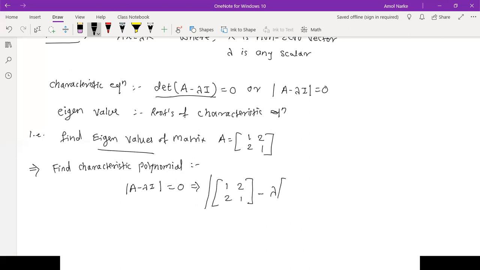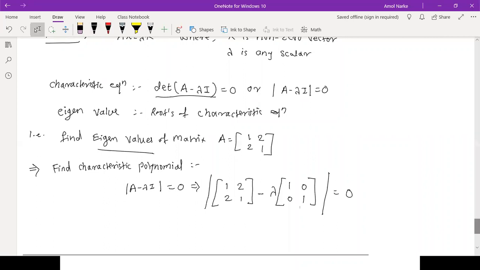What should be my identity matrix here? Please tell me. It is 1 0, 0 1. Why this? Because we have a 2 by 2 square matrix. If you have 3 by 3, accordingly we will change the identity matrix.